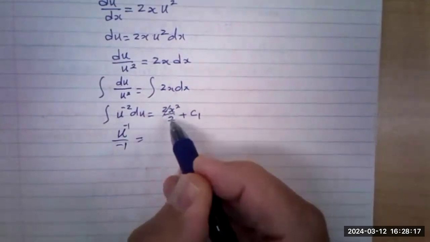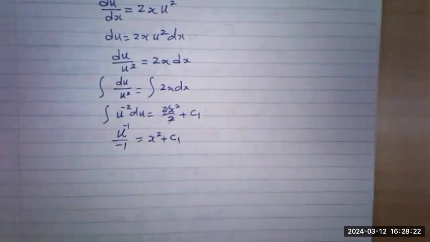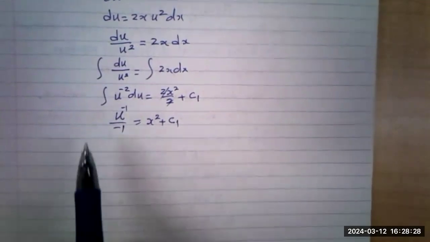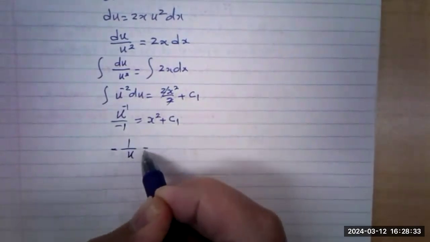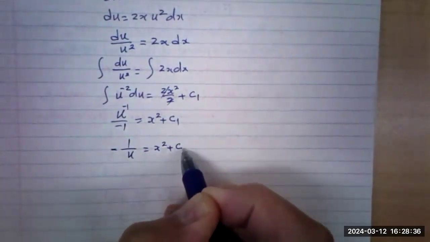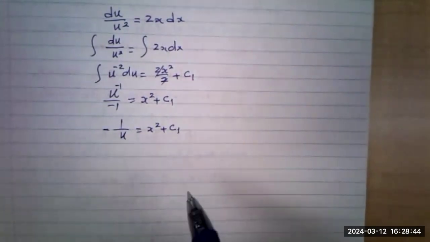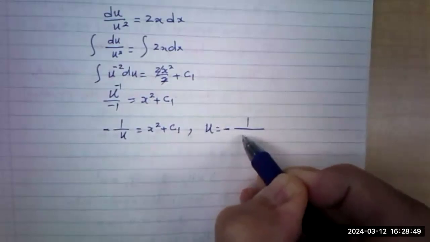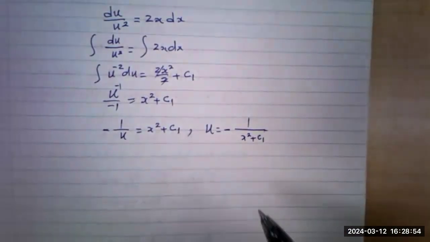So that is equal to x squared plus c1. You have to solve for u, so negative 1 over u equals x squared plus c1. Multiply by negative on both sides and use the reciprocal to find u. So in this case, u would be negative 1 over x squared plus c1.